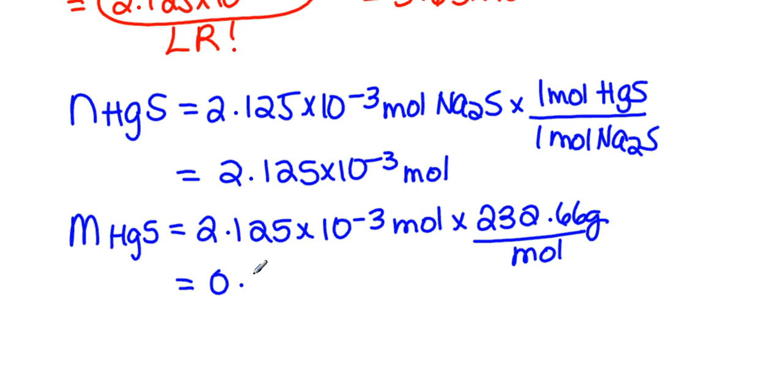And I should get about 0.4944 grams. When I take a look at the question, there are a couple of different measurements with different significant digits, but the smallest number of significant digits is 2. So for my final answer, I'm going to round it to about 0.49 grams.